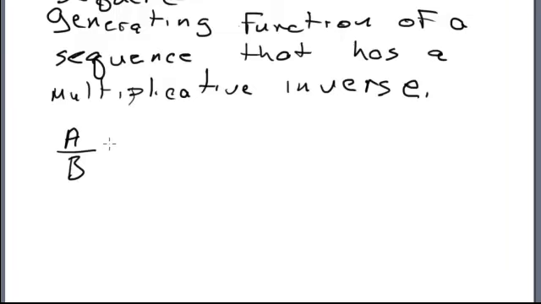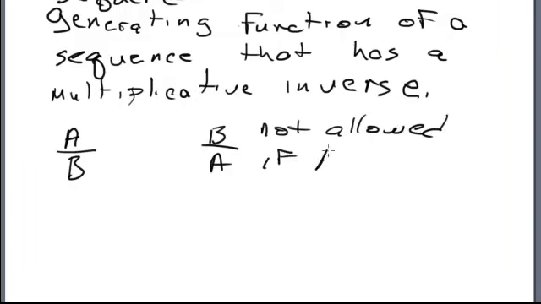But what we can't do is write B over A if A doesn't have a multiplicative inverse. So that's not allowed if A doesn't have a multiplicative inverse.